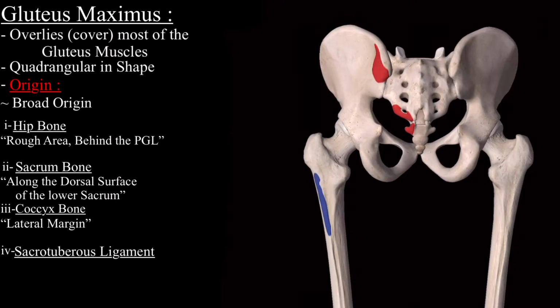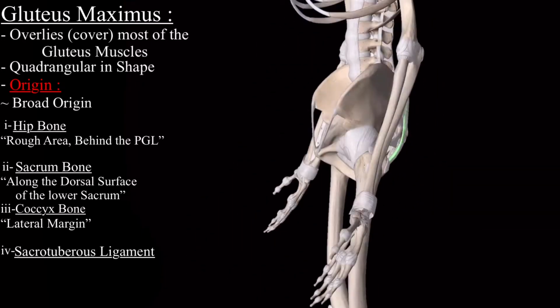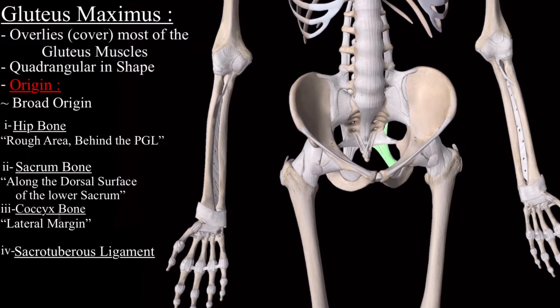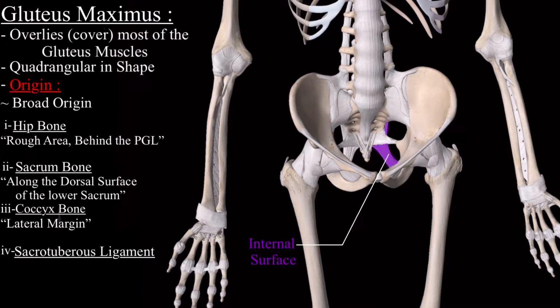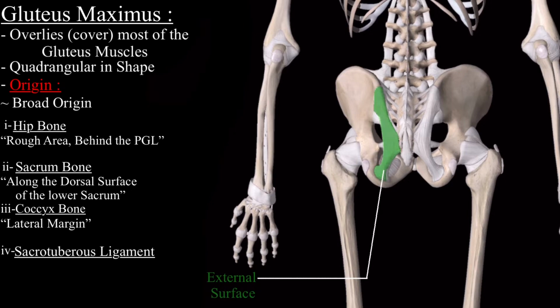Number 4. The origin of the Gluteus Maximus muscle from the Sacrotuberous ligament. This highlighted green is the Sacrotuberous ligament. The Sacrotuberous ligament has two surfaces, the internal surface and the external surface.